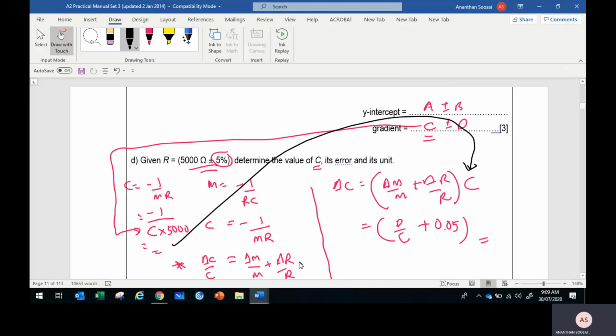So marks are given for this, and this gives 1 mark, maybe. This is the main one, and this is the main one.